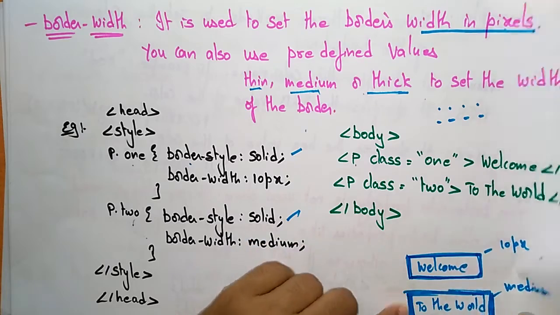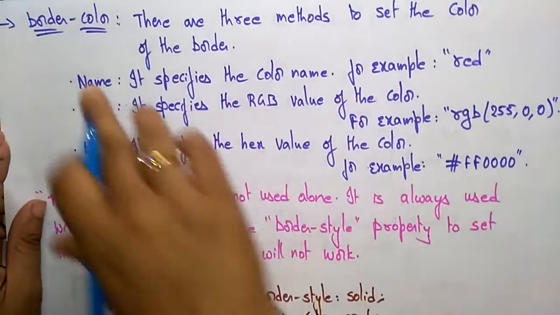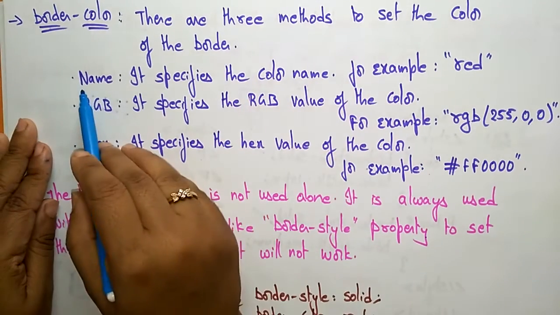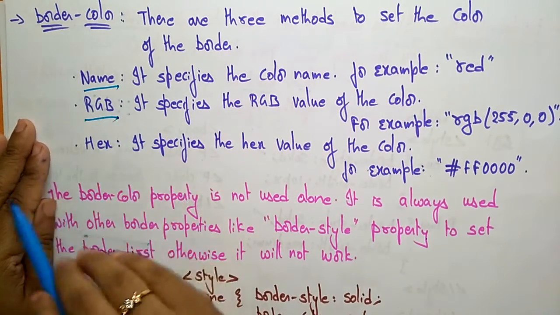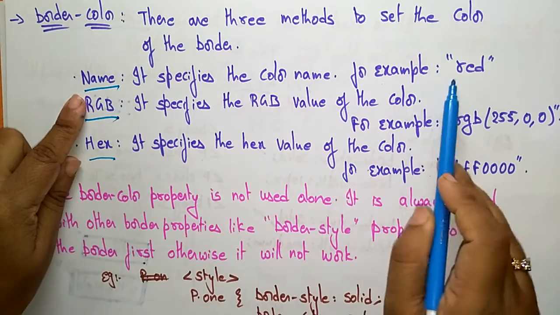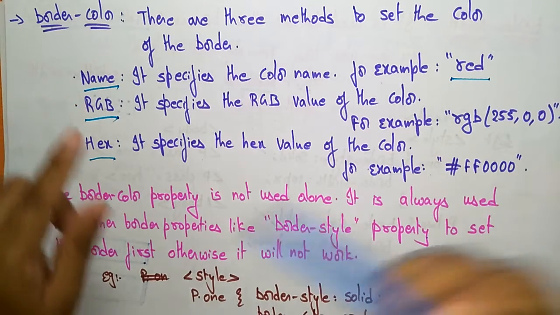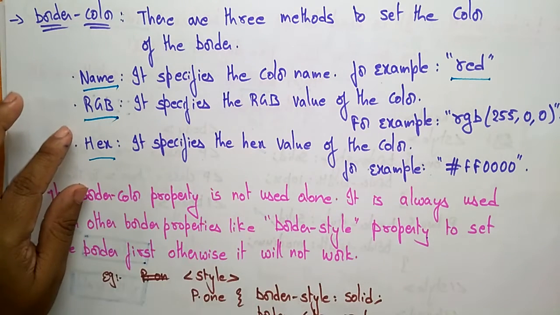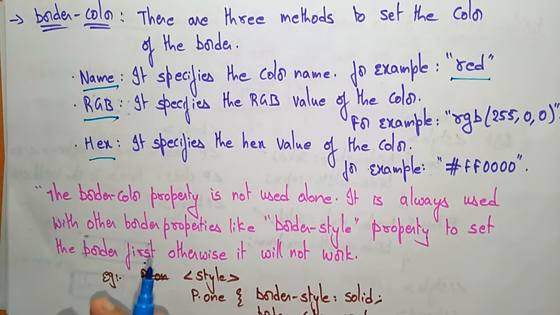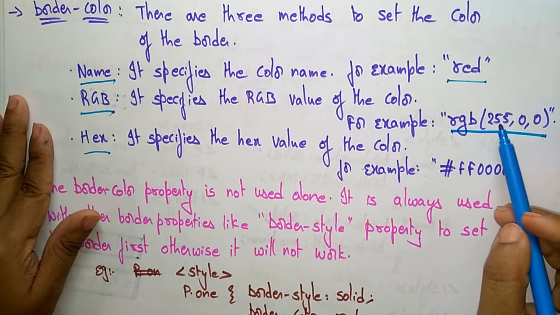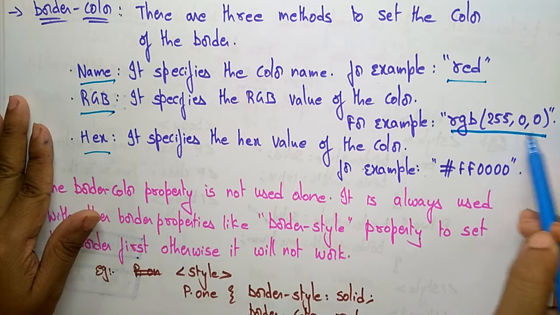Next, you can change the colors of the border by using the property border color. There are 3 methods to set the color of the border. That is, you can use the name, RGB, red, green, blue, or hex. Name specifies the color name. For example, if you know the color names, you can directly write the name of the color. Red, blue, green, yellow, black, like that. Suppose you want a different mix of colors, then you need to mention RGB, 255,0,0: red, green, blue.